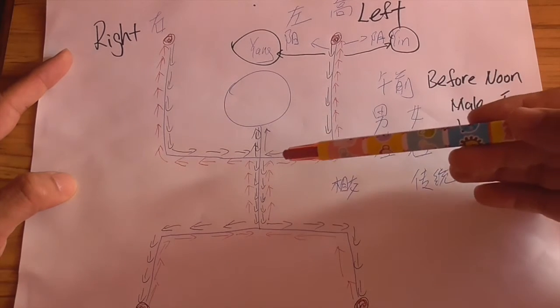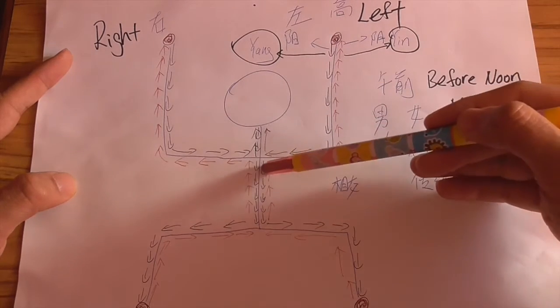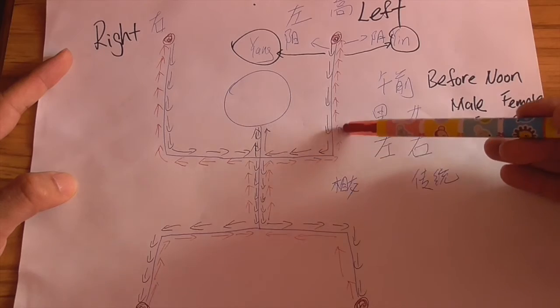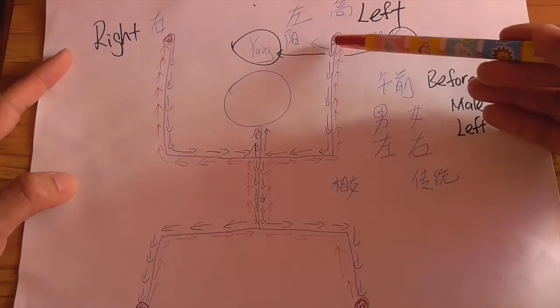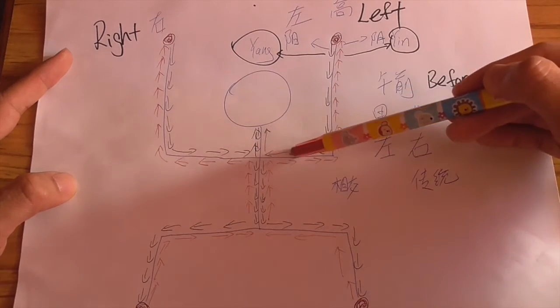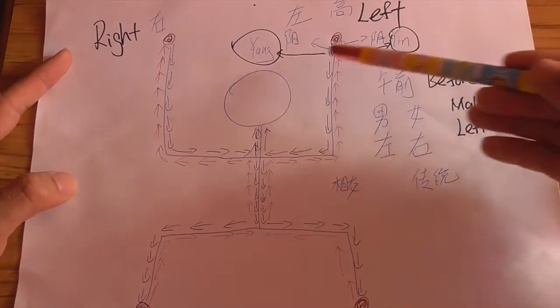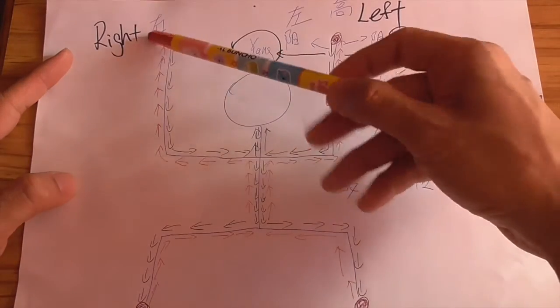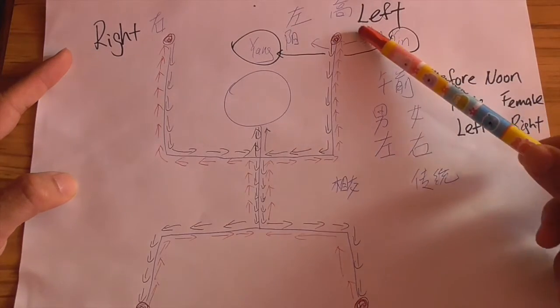Okay, we all know, have a look in here. The red color represents yin meridian. The black color here represents yang meridian. Okay, yin meridian, yang meridian. That is right side. That is left side.